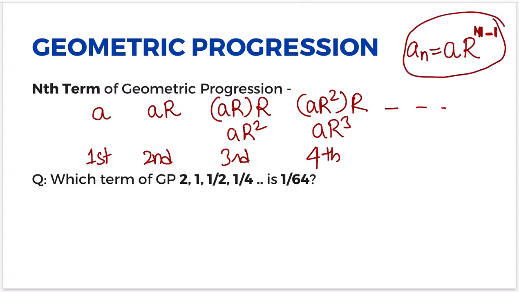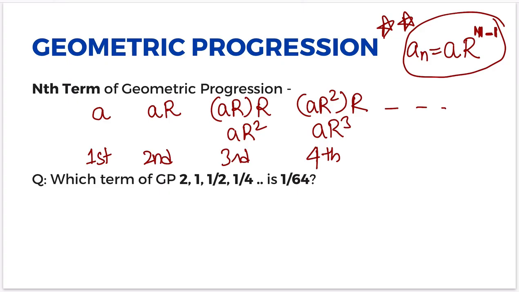If they ask for the seventh term, that will be AR raised to power 6. So the nth term of a geometric progression is AR raised to power n minus 1. I have marked it with a star, meaning it is very important to remember for the exam, correct?